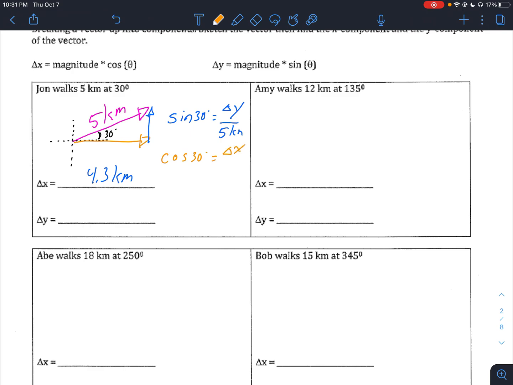To find my delta x, I plug that into my calculator, making sure I'm in degree mode, and I get 2.5 kilometers. And I'm going to stop and see if that makes sense. Sure, that's believable. Maybe I didn't draw it to scale. Maybe my 30 degrees needs to be a little bit bigger.